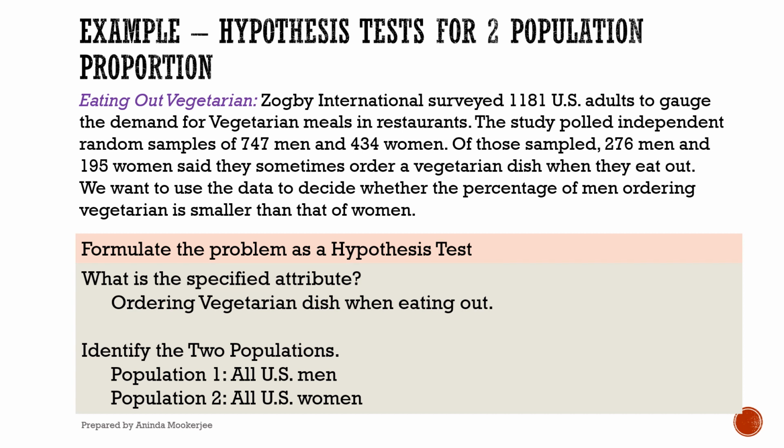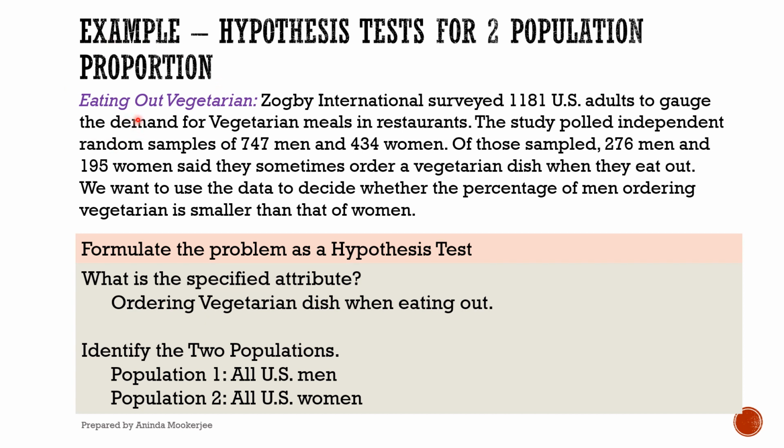So let's look at this example on performing a hypothesis test for two population proportions. Again, this example is from the textbook, but let's go through it first, and then also we'll work this through in our worksheet, so it'll be a double practice for you.